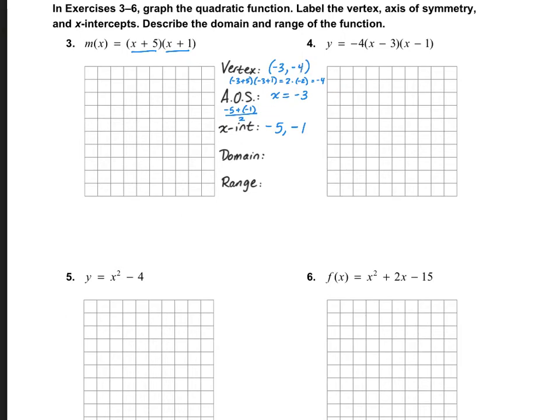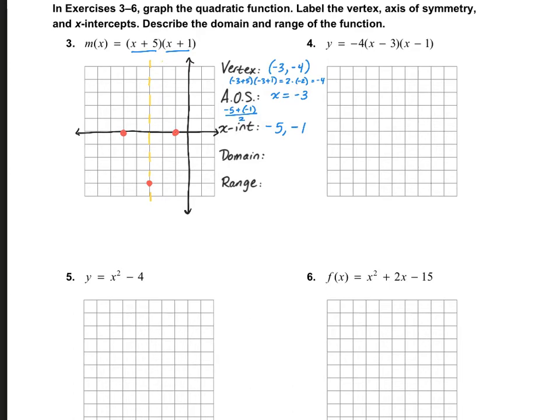Okay, now I'm ready to start graphing. I'm going to start with my vertex. -3, -4 is here. My axis of symmetry is x equals -3, so I'm going to put a dotted line right down here. And I know that my x-intercepts are -5 and -1.